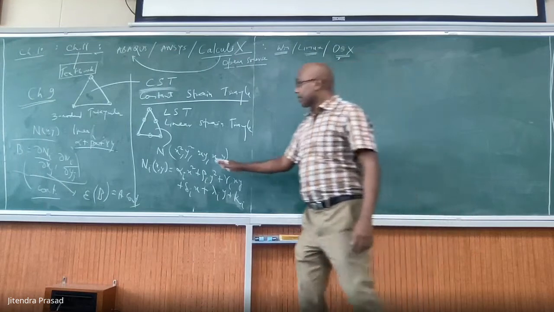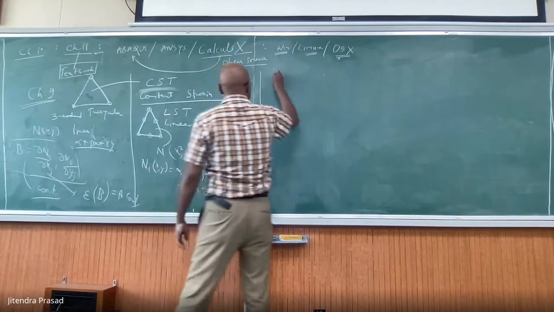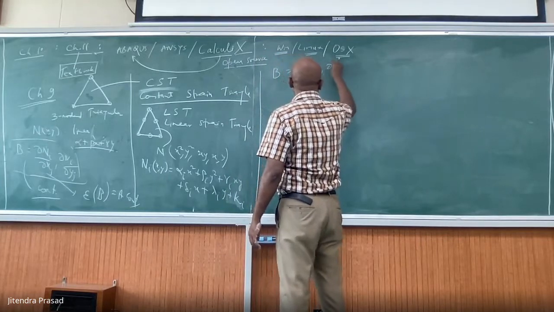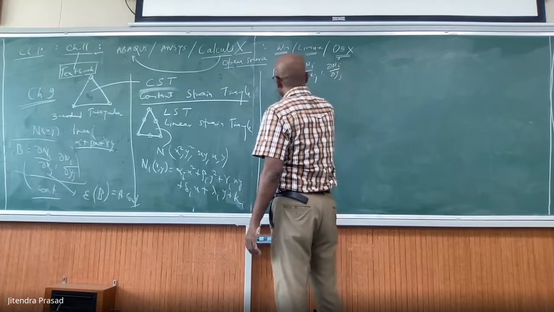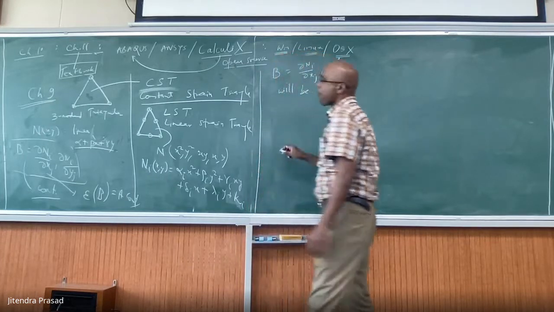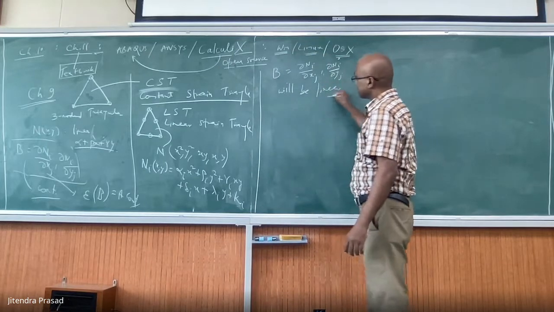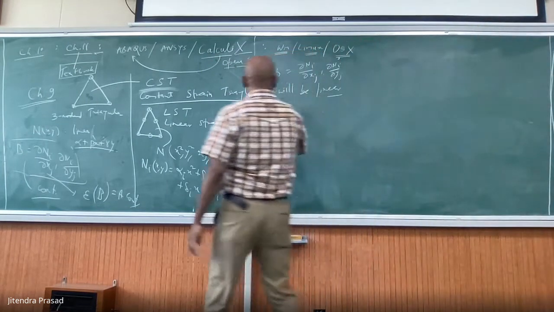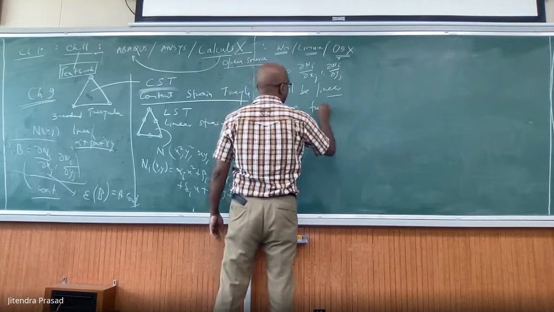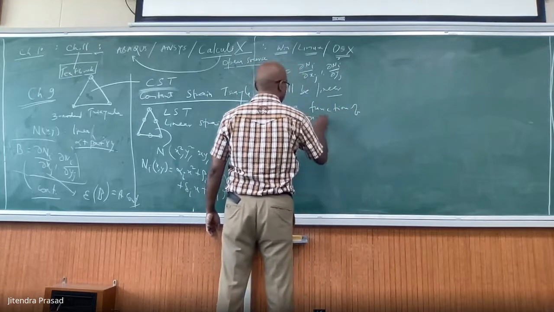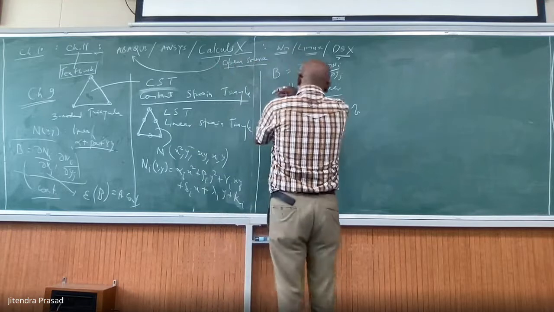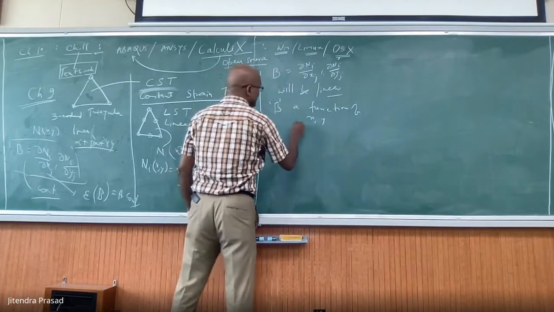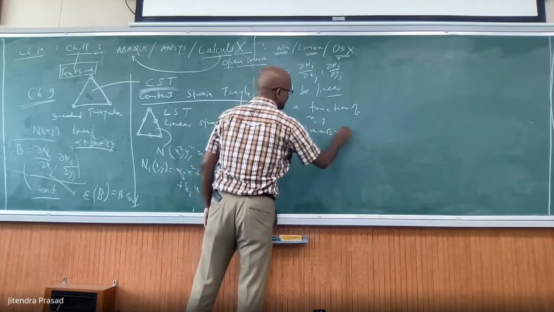So the good thing about this one is that B, which will have del N_i by del x_j, or del N_i by del y_j, will be linear. The B matrix is a function of x and y, meaning the terms will be something like ax plus by plus c.